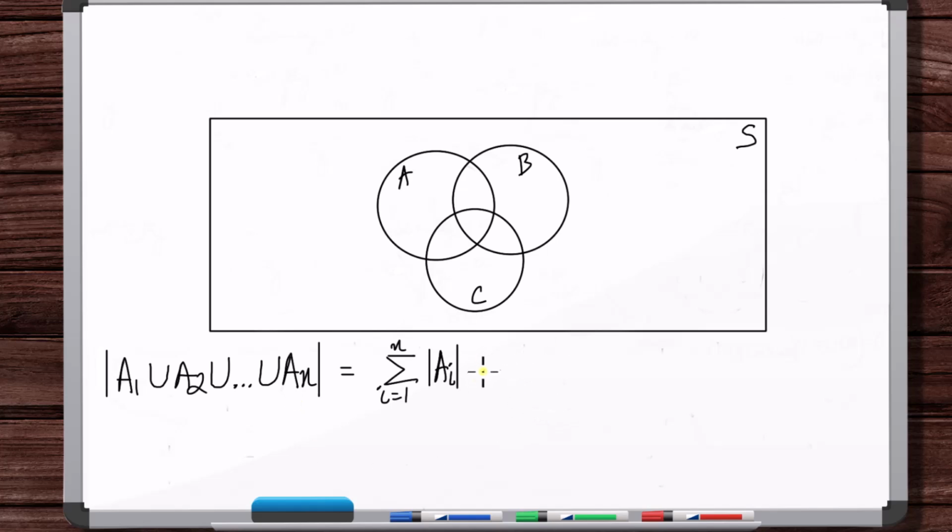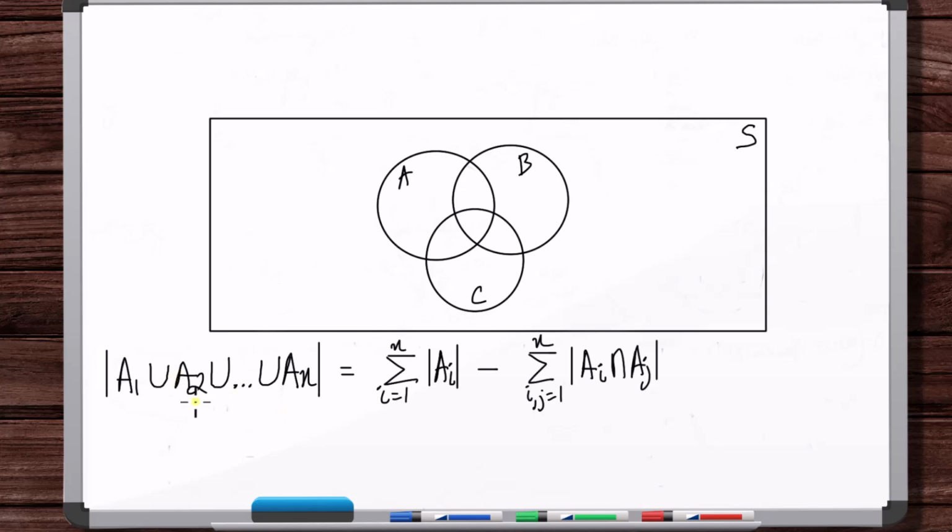Okay? Then you're going to subtract the sum of, and I might not be writing this technically mathematically correct, but the idea is this is going to be the AIs intersecting with AJs, where I and J go from 1 to N. And the number of these that you're going to be summing is just N choose 2.